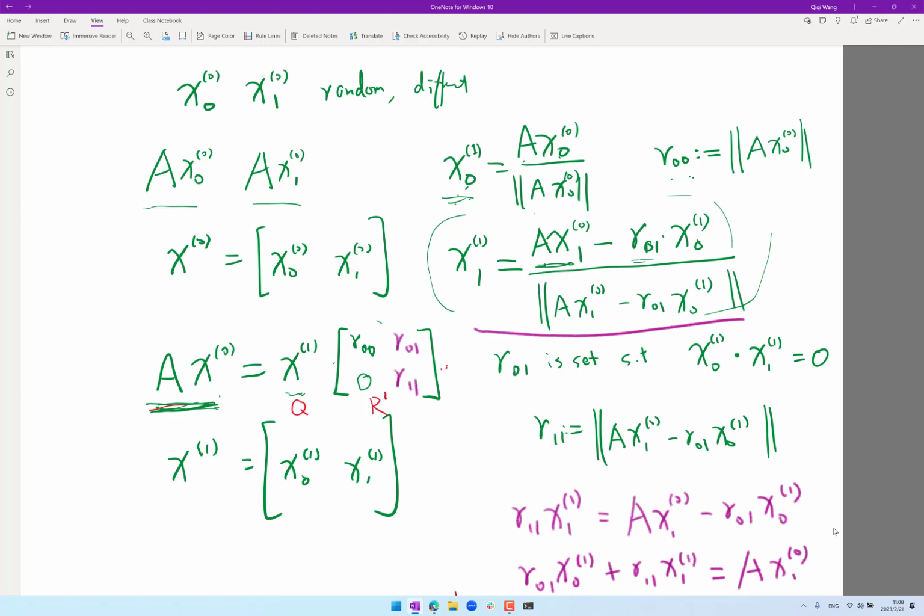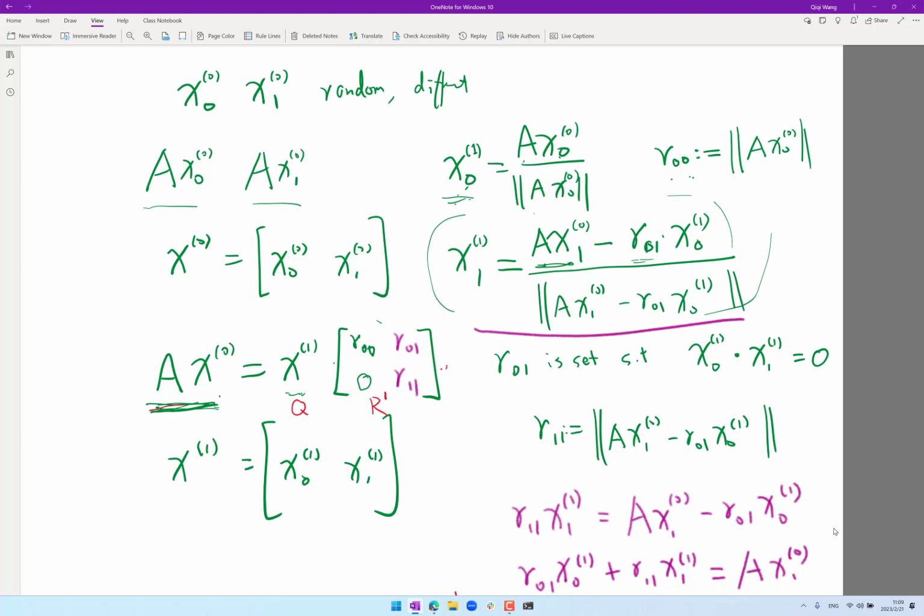We take the first vector and normalize it. What we do to the first vector is exactly the same as our previous algorithm for computing a single eigenvalue and eigenvector, assuming we renormalize after every multiplication.